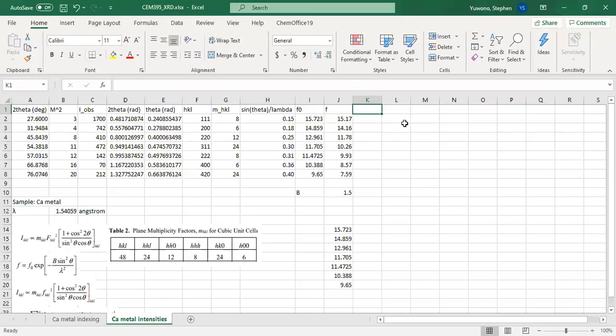Okay, so first let's calculate the numerator. So 1 plus cos square of 2 theta, which is going to be 1 plus cosine of 2 theta, which we already converted to radians here, squared. Simply that.